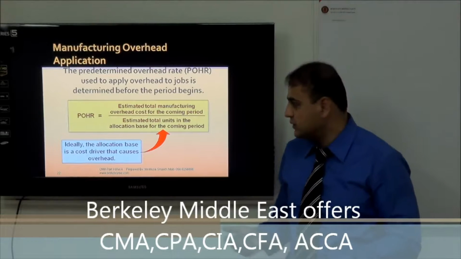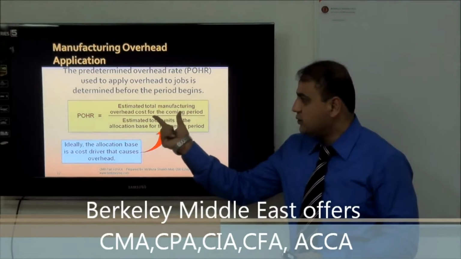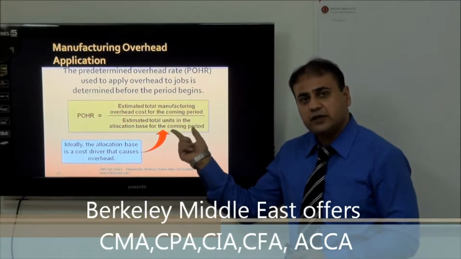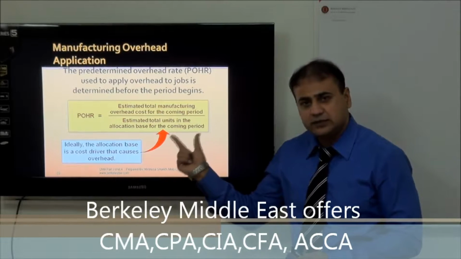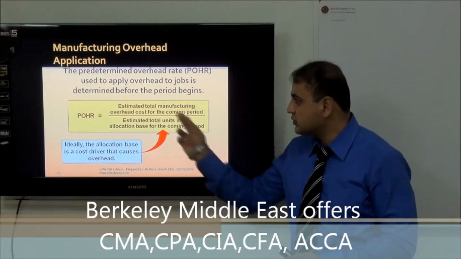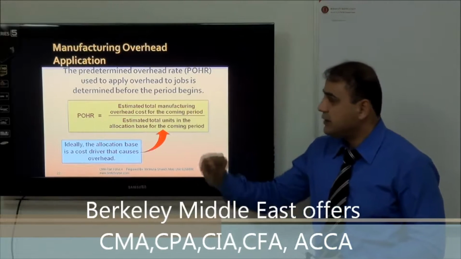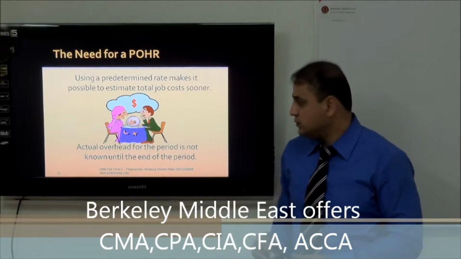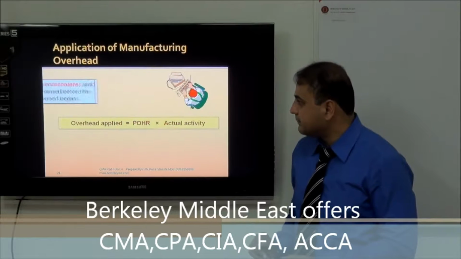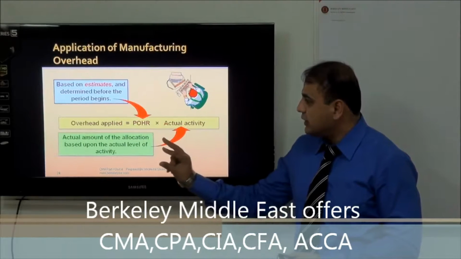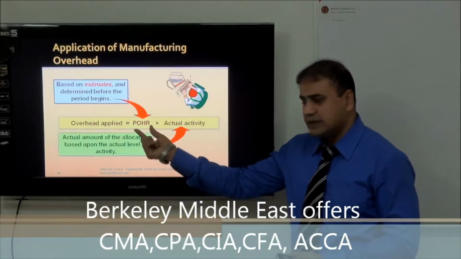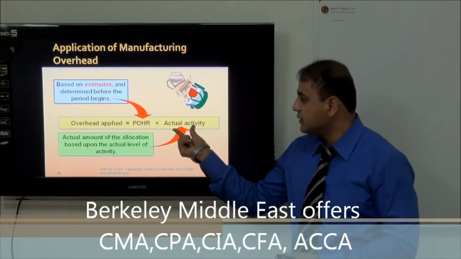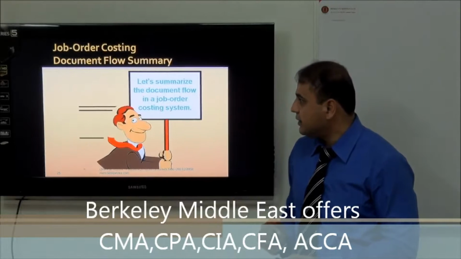The formula is the estimated total manufacturing overhead cost for the coming period, divided by the estimated total units in the allocation base for the coming period. So it will give us a predetermined overhead rate, which we can use in job order costing. And for overhead applied, we multiply the same predetermined overhead rate by the actual activity, so we will get the overhead applied.